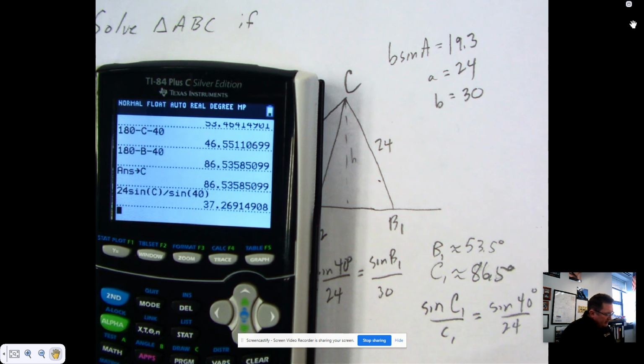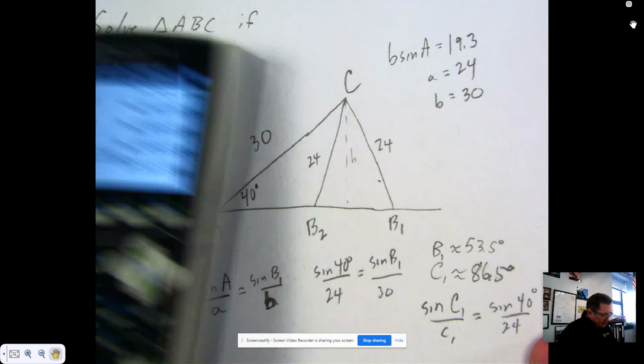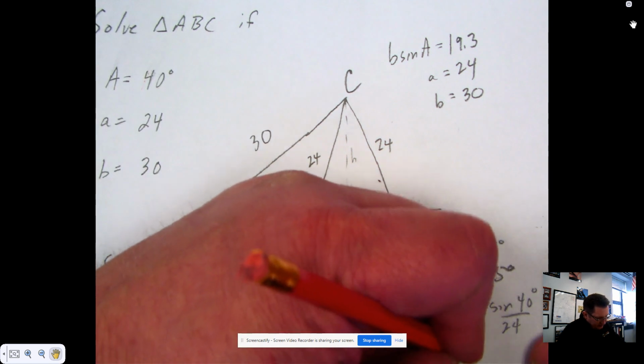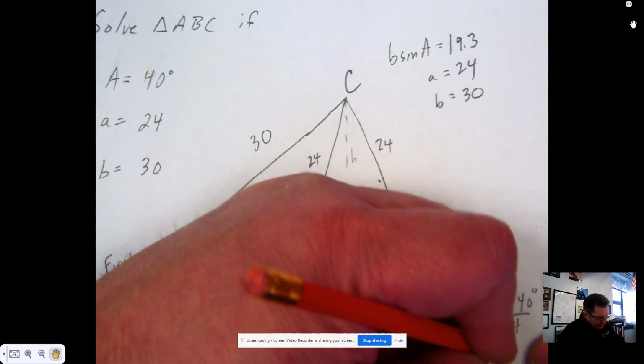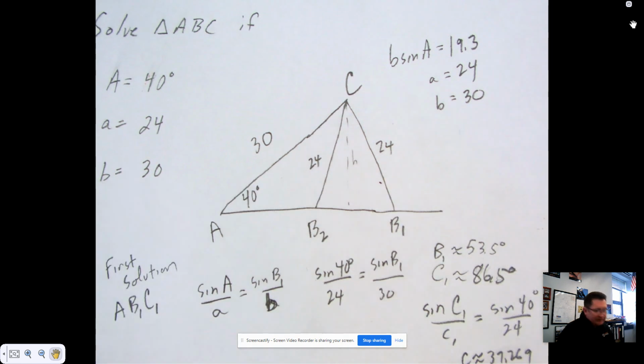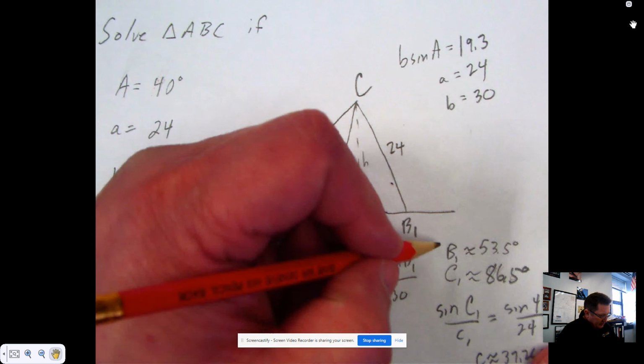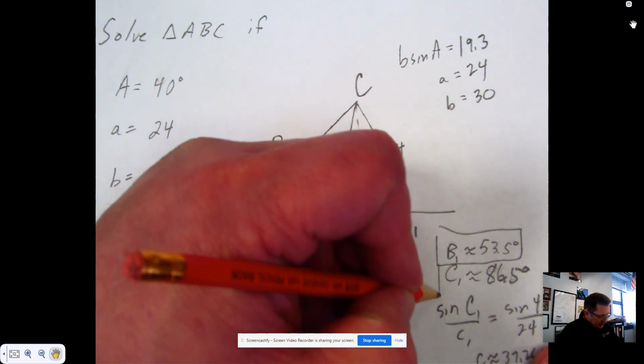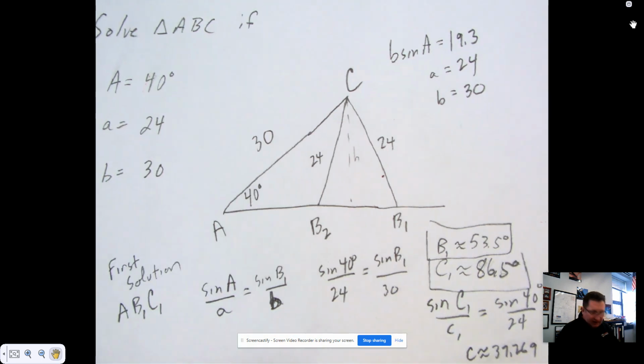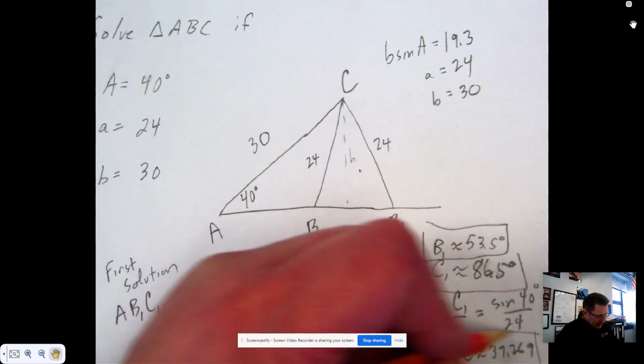This completes our triangle. It's 37.269. So that is the first solution. I've got angle B1, angle C1, and side C.